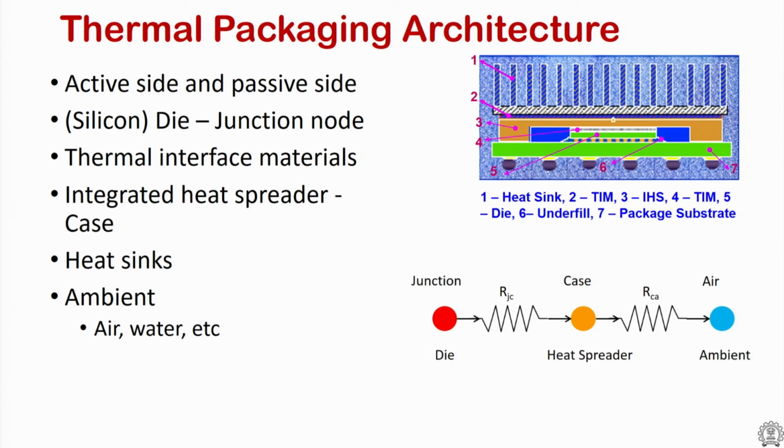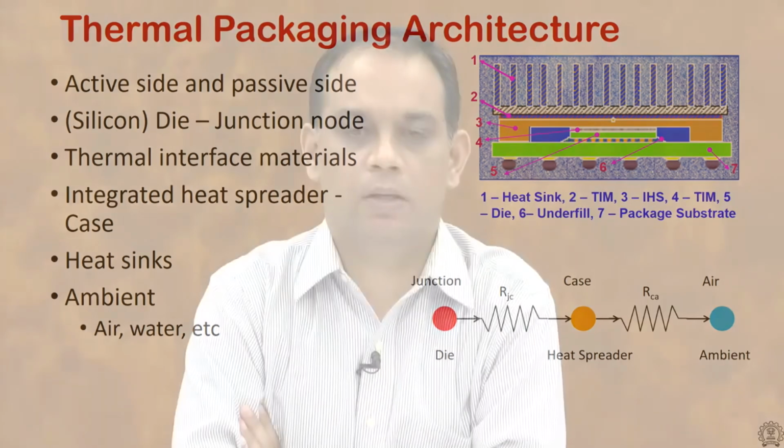And if you were to draw a resistance network, we'll discuss the resistance network in the next module, you often refer to the die as a junction temperature, and then it is connected to a heat spreader, and the heat spreader is connected to the ambient through a thermal interface material and a heat sink. So that is the goal of this thermal packaging, and that's what we'll spend time on in the next lecture or the next module, which is to follow.